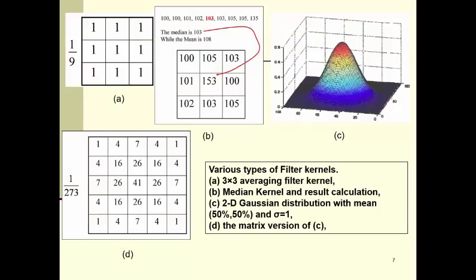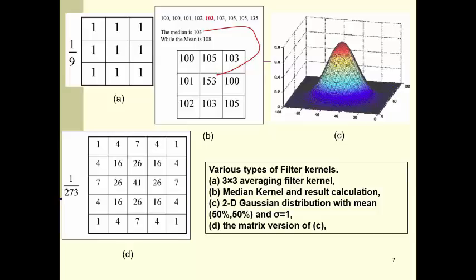Okay? The median filter will be something like this. Actually, here I don't have a specific kernel for the median filter. I will look at this neighborhood of 3 by 3 pixels. I have the values of these pixels. I will sort them, order the values of the pixels, and take the median, the pixel in the middle.